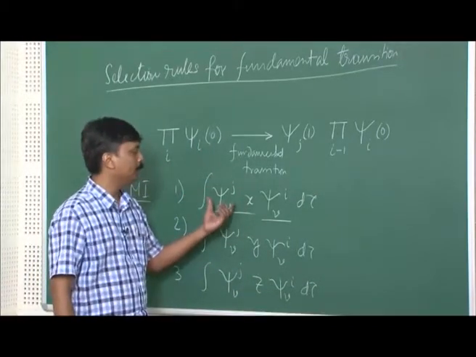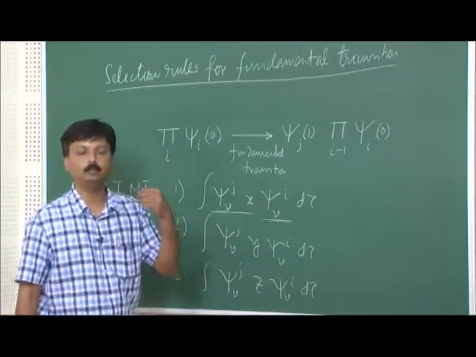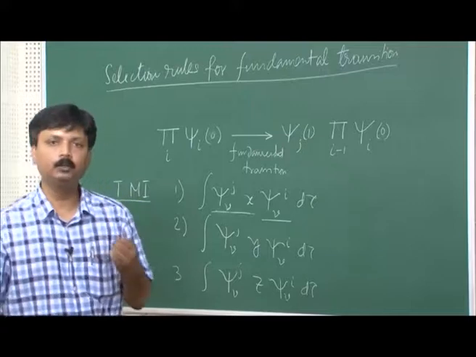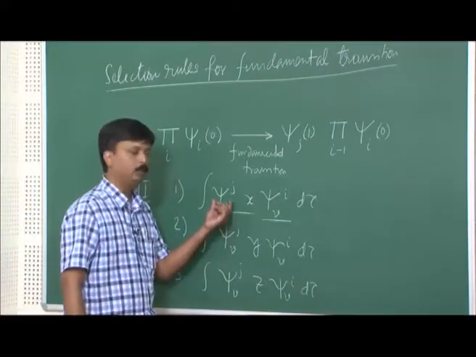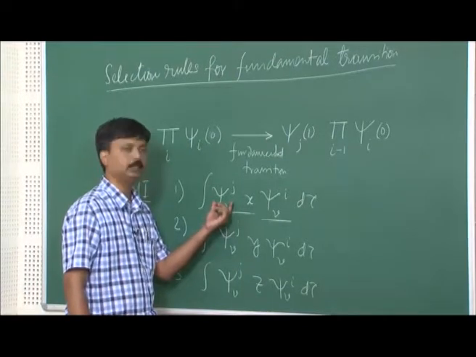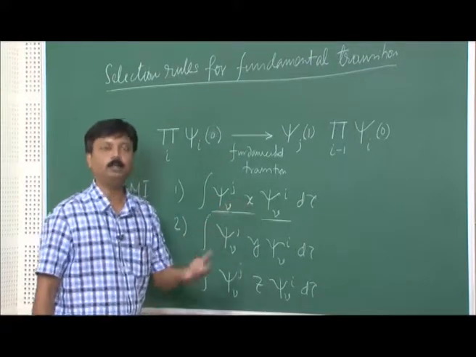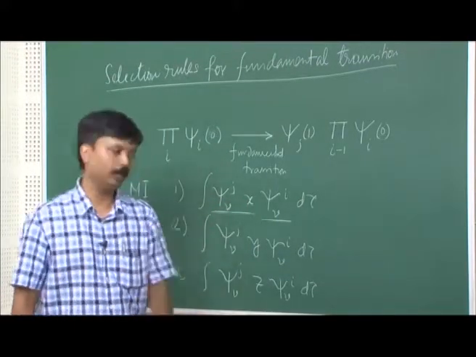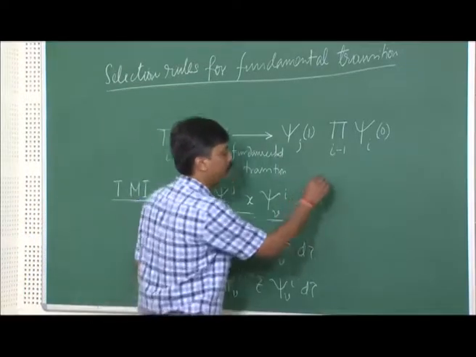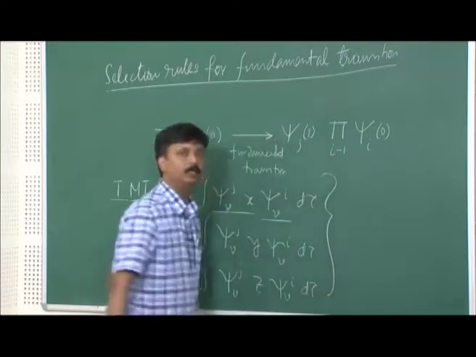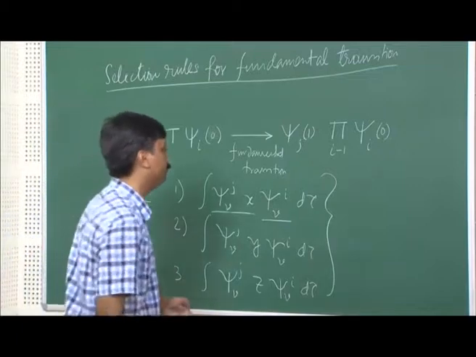So when we represent this particular product by a direct product of the respective irreducible representations, that will mean that I need to know the particular irreducible representation of this normal mode. The moment this and this belong to the same irreducible representation, I have a non-zero value for this integral. So these three altogether will give me the selection rule for a fundamental transition in infrared spectroscopy.